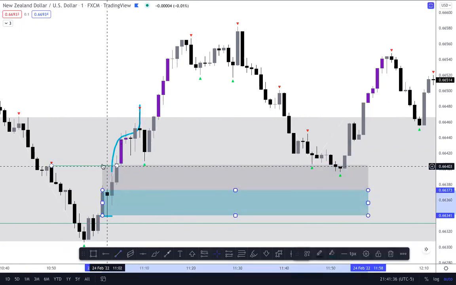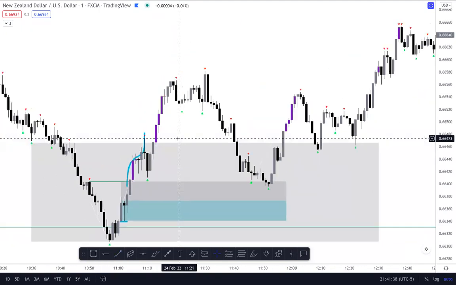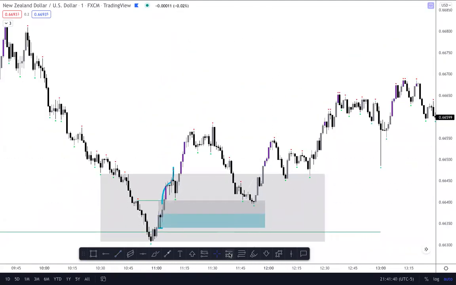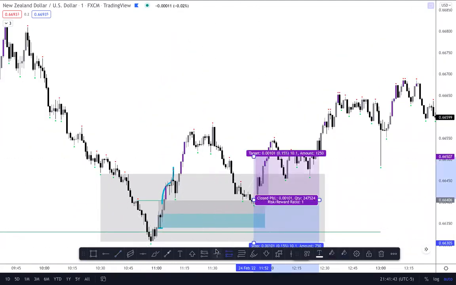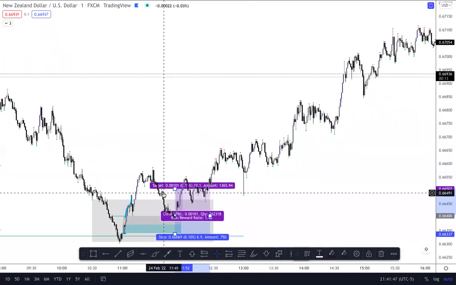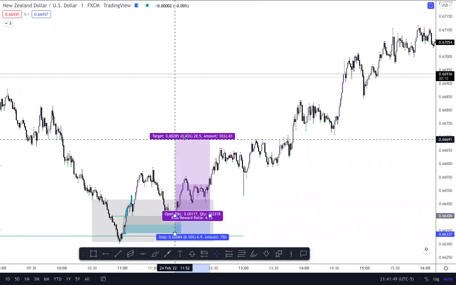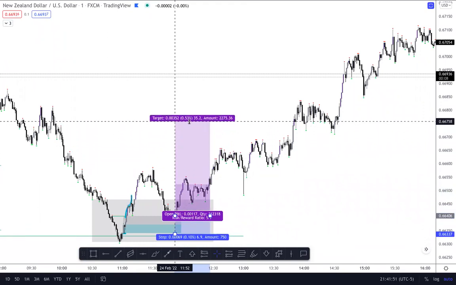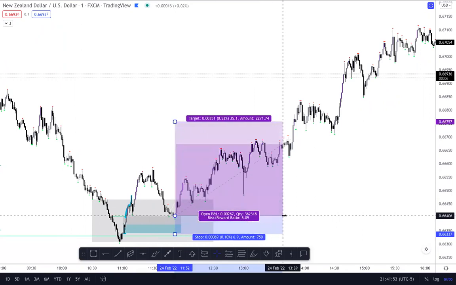And that's why there's that gray box right around here. And as you can see, that's how we get these longs. We would have achieved that 1 to 3, and it looks as if we would have achieved that 1 to 5 as well. So 70% closed at 1 to 5.